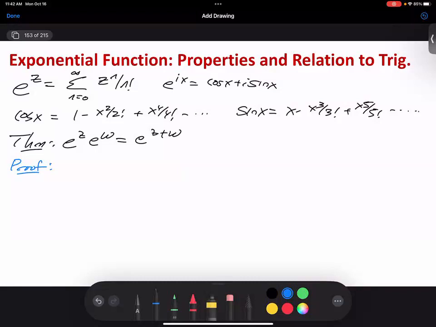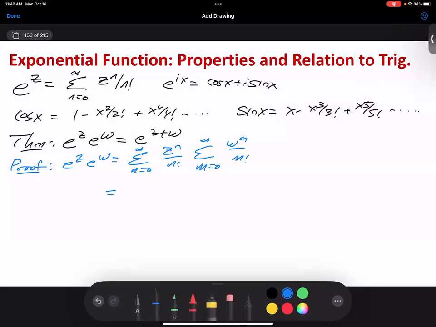No. What is e to the z times e to the w? It's the product of the Taylor series. It's the sum, n goes from 0 to infinity of z to the n over n factorial times the sum, m goes from 0 to infinity, w to the m over m factorial. That's what it means to have the product of two exponentials.